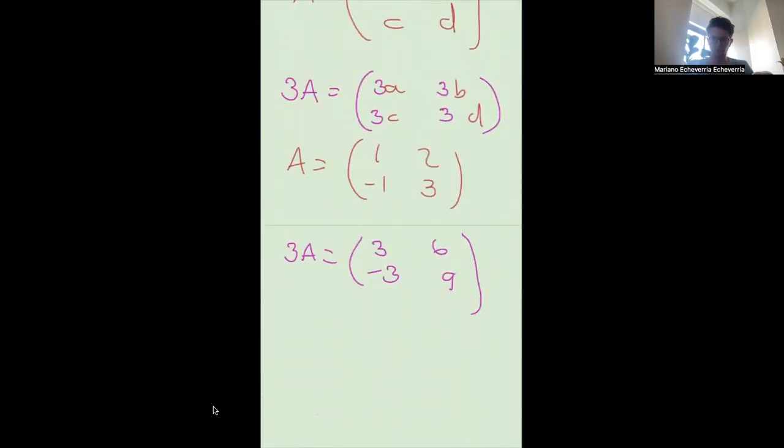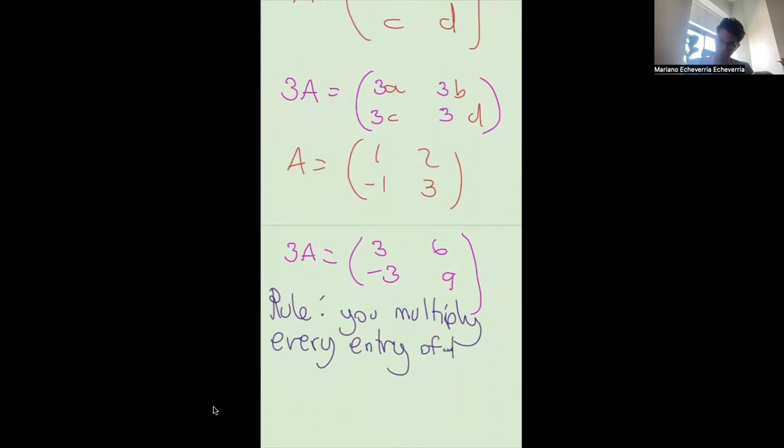So again, the rule is to multiply every single entry of the matrix by that number. We're following the analogy with the vector case.